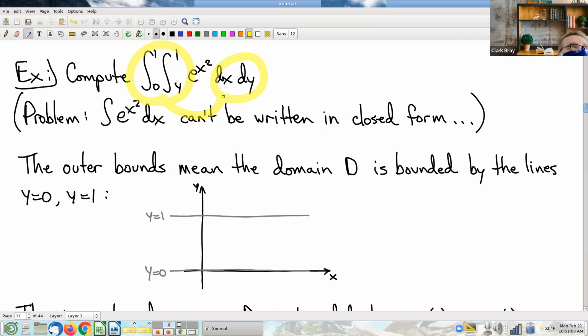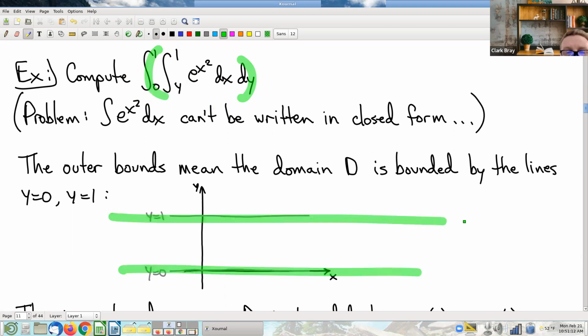Not given, but I'm going to try to find it. So, let's see here. Apparently y goes from 0 to 1. All right. So my domain is in between there, right? There's a bunch of slices in here and they started at 0, they ended at 1. So I guess my domain must be in between 0 and 1.